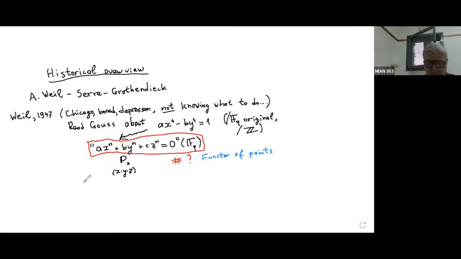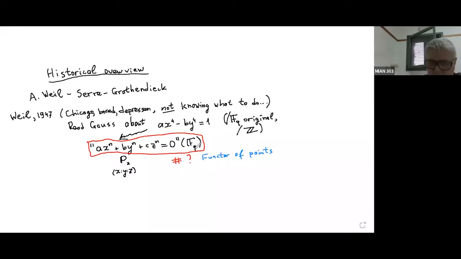So the theory started with a very down-to-earth question. What is the number of solutions of this equation?